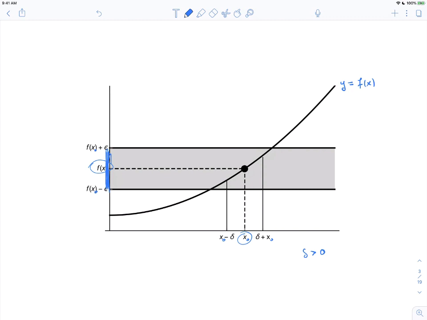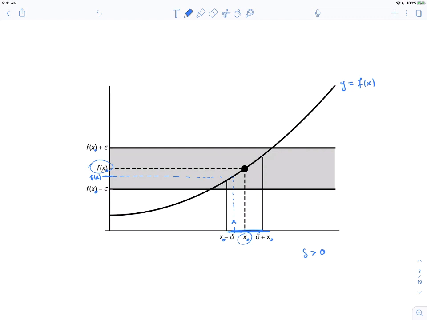And we want to choose it so small that whenever you pick an x from this interval here, this interval about x0, you want to make sure that f at x is within an epsilon of f at x0. So this is our f of x. So that's the basic idea.